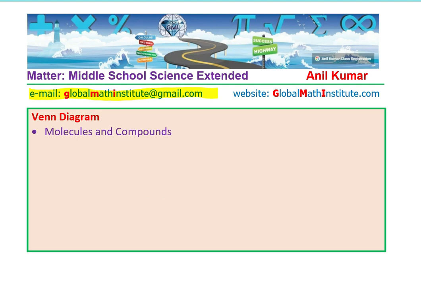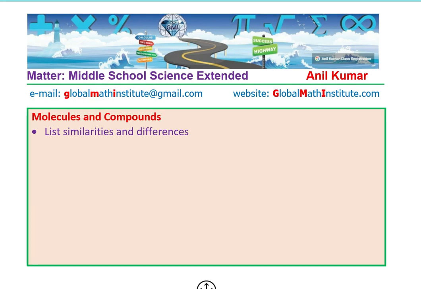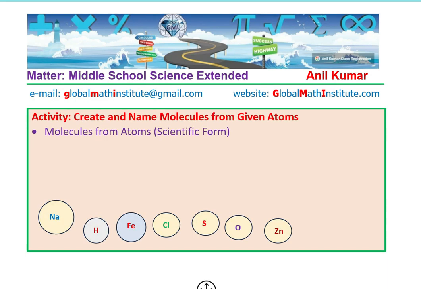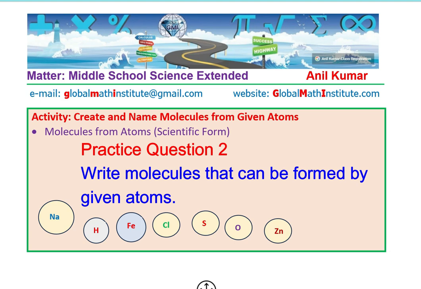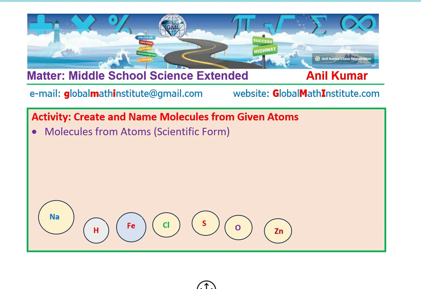Here's your second question, which is more of an activity. We've given you some atoms. Nothing is to scale, just some circles with names of elements. The first one is sodium, then hydrogen, iron, chlorine, sulfur, oxygen, and zinc. With these, I would like you to form some molecules.